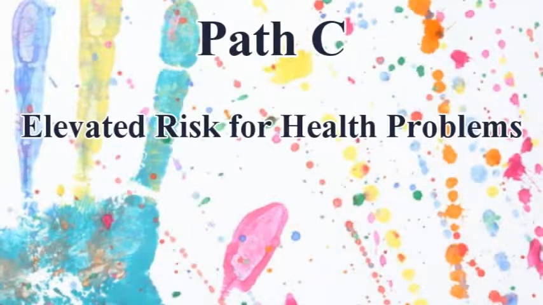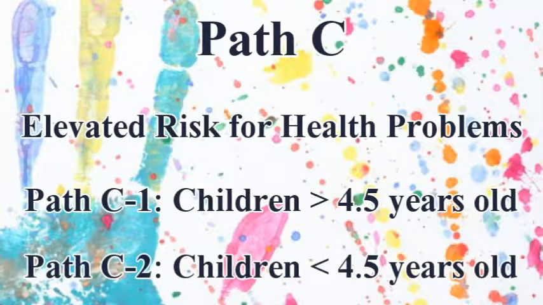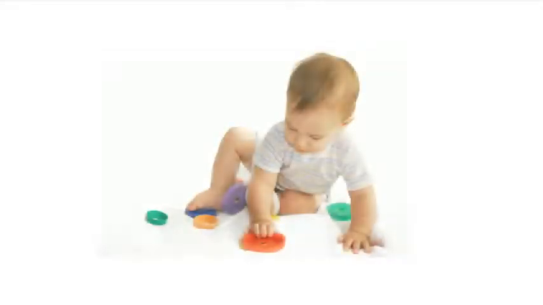Path C represents elevated health risk for behavioral or mental health problems. Path C1 is for children over the age of 4.5 years, and Path C2 is for children under the age of 4.5 years. Only 5% of these children are anticipated to have developmental disabilities, although approximately 25% have emotional and behavioral difficulties.